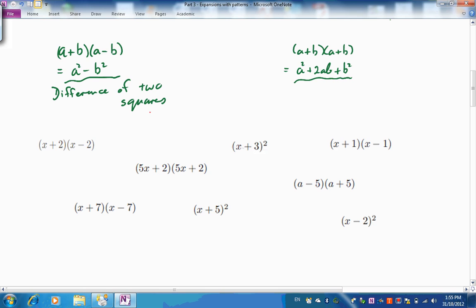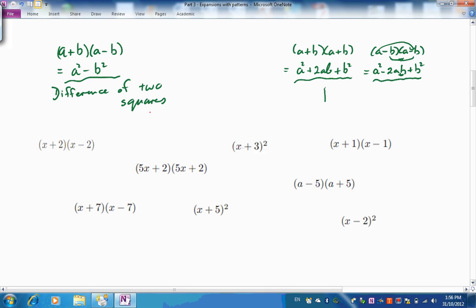But you might also think here, what if there was a negative between them, like that? It would equal a squared, and this middle term would be negative 2ab. They'd both be negative. They still collect them up though, and the square down the end would still be plus b squared. So the negative has a slight variation there.